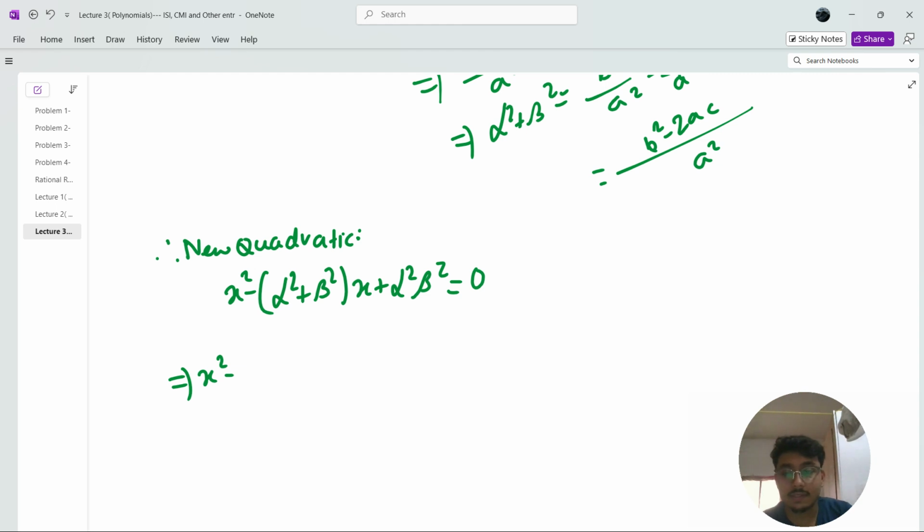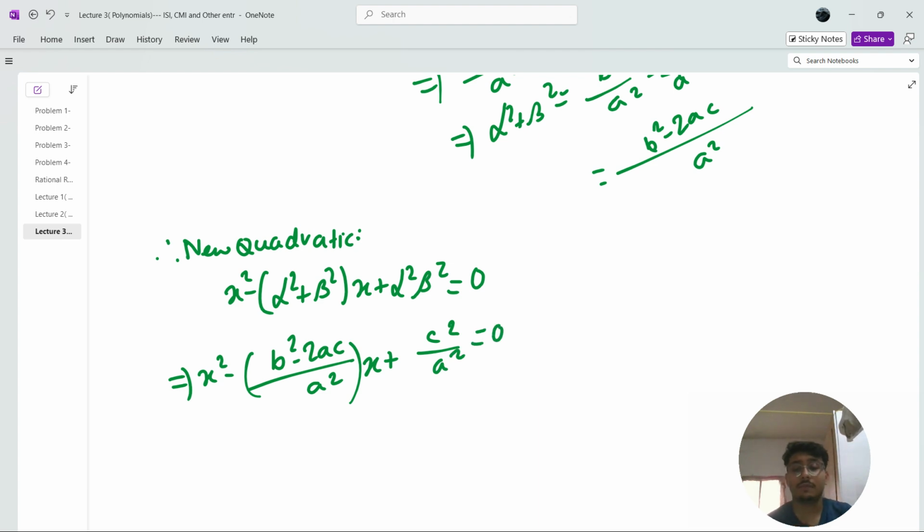Alpha square plus beta square is b square minus 2ac by a square, times x, plus alpha square into beta square, which is c square by a square, equals 0.